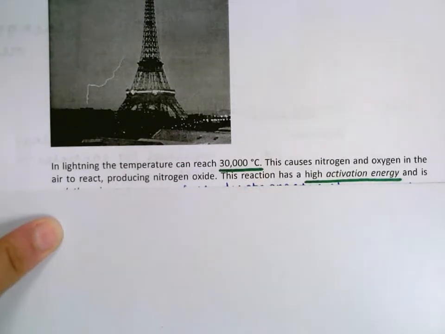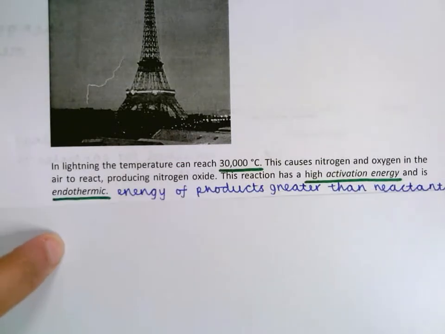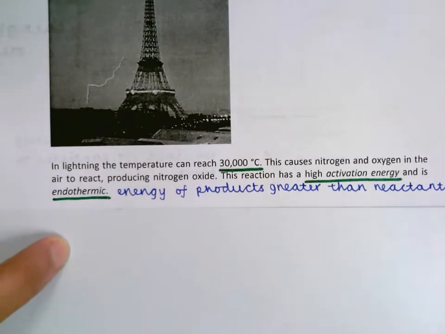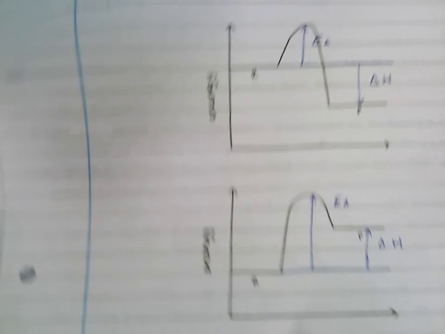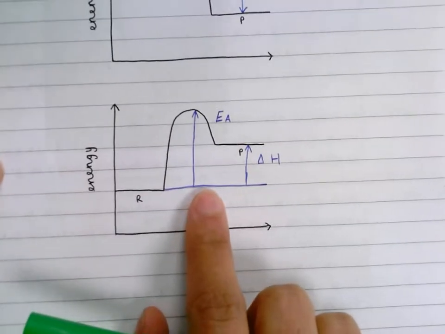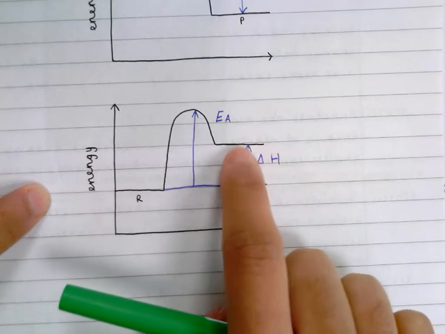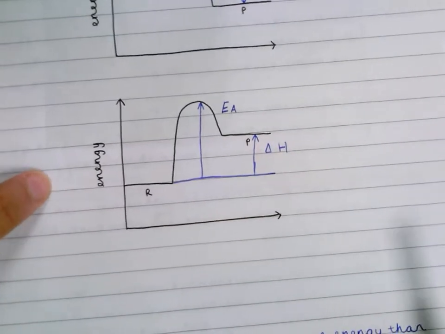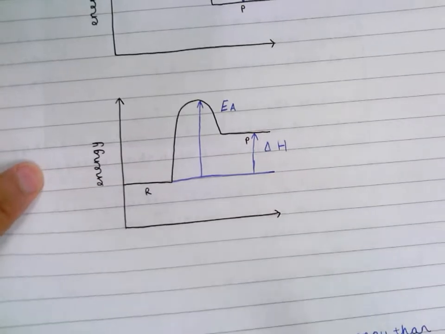This reaction has a high activation energy and is endothermic. Now, endothermic is when the energy of the products is greater than the energy of the reactants. So this sort of reaction. There's more energy in the products, so the energy must have come from the surroundings and the energy must have been taken in. Endothermic.